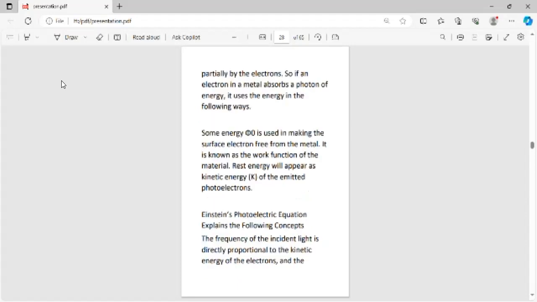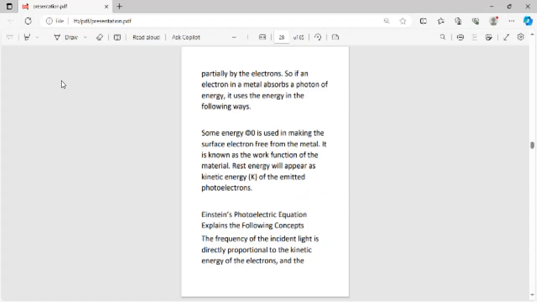So if an electron in a metal absorbs a photon of energy, it uses the energy in the following ways. Some energy is used in freeing the electron from the surface of the metal. It is also known as the work function of the material. The rest of the energy is converted into the kinetic energy of emitted electrons.